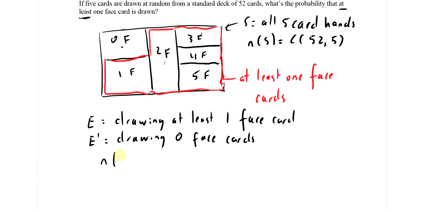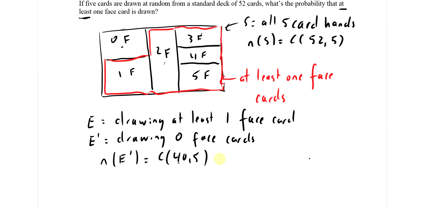How many hands have no face cards in them? Well, I need to pick 5 cards out of 40. I'm just doing the count, so I don't need the denominator yet. C of 40, 5. Why 5? Because it's 5 cards that I'm picking. Why 40? The 40 cards that are the numbered cards that are not face cards, right?